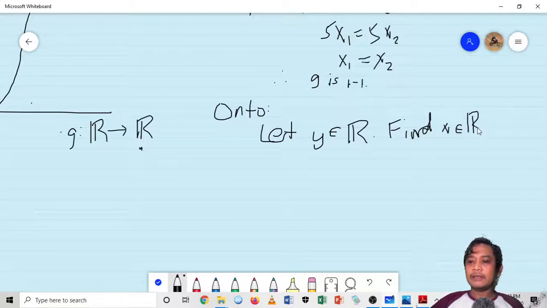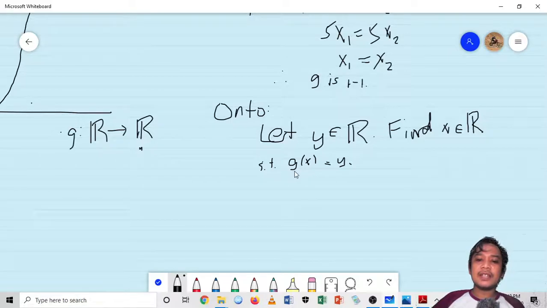We need to find this number X in R such that the image of X under the function G, that is G of X, is Y. So we need to find what this X is so that its image is Y. Take note, Y is known.